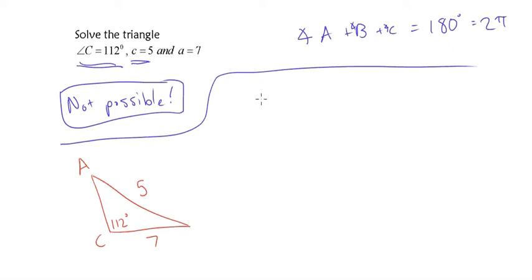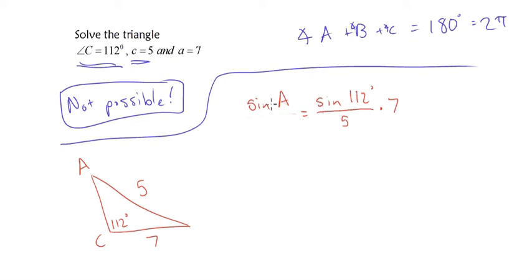Setting up our proportion, I have sine of A over side A, which is 7, equals sine of C, which is 112 degrees, divided by side C, which is 5. Multiply both sides by 7, and we'll have sine A equal to all that.